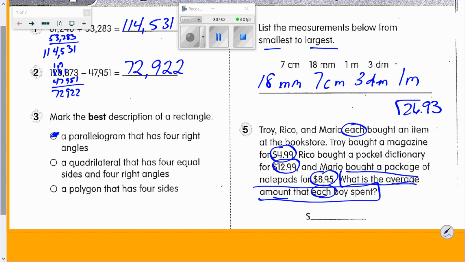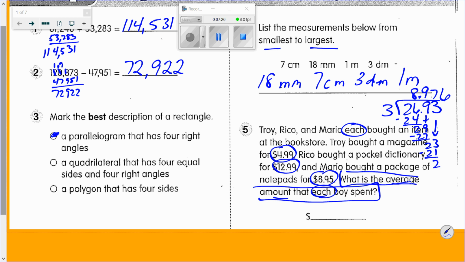So I got 26.93 divided by 3. That's going to go 8 times. Subtract 24 gives me a 2. Bring down the 9. Bring my decimal straight up. 3 goes into 29 9 times. Minus 27 gives me 2. 23 goes 7 times. Subtract 21 gives me a 2. Makes that a 6.